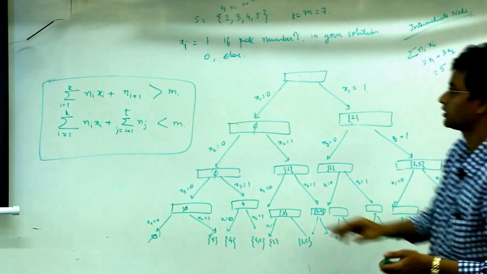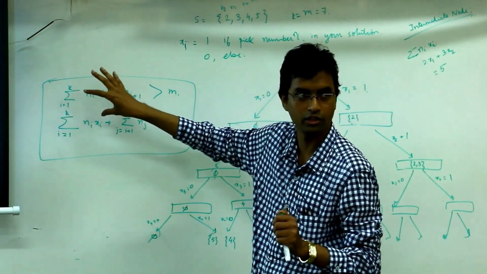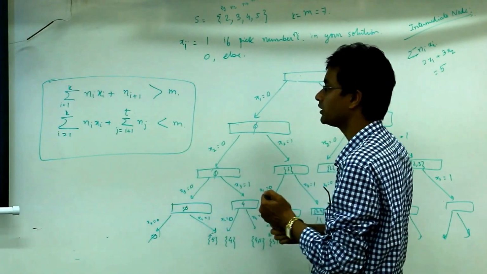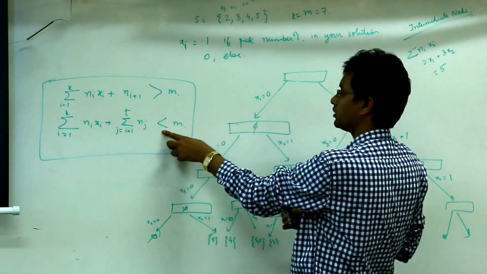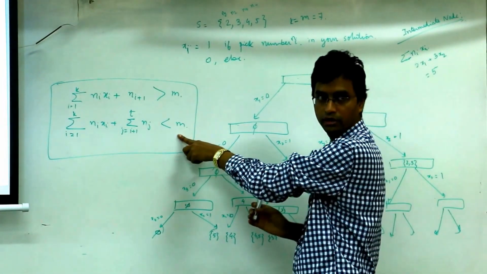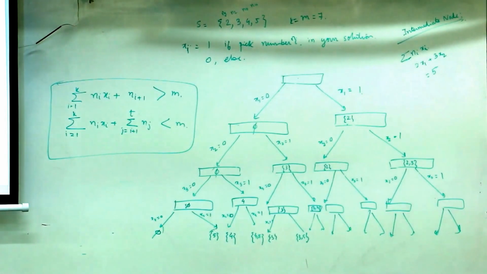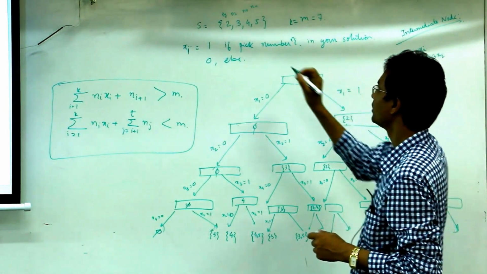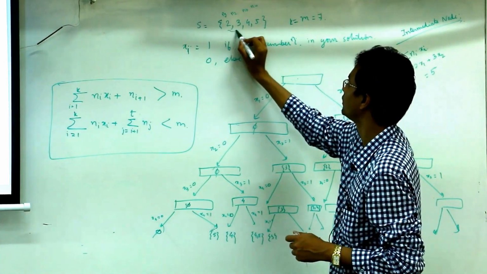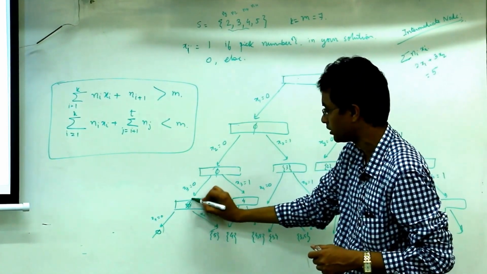Okay, so the summation of ni times xi is the amount of the sum which you currently have in your solution. And if you find out that even if you pick all the remaining numbers, you still cannot reach m, right? Then there is no need to explore that subtree. For example, suppose you have not included any of these, and here x1, x2, x3 gives 5.